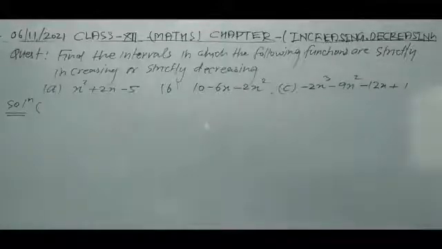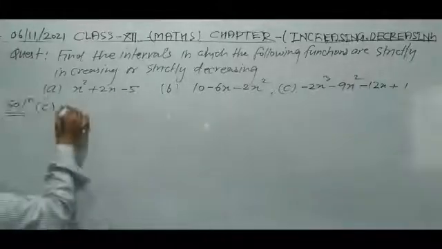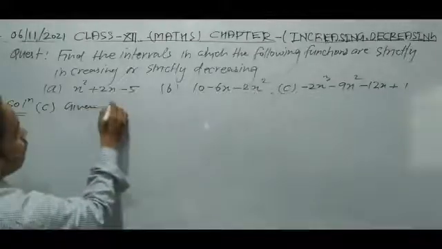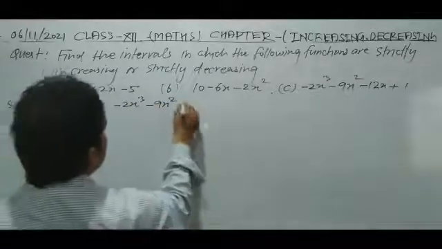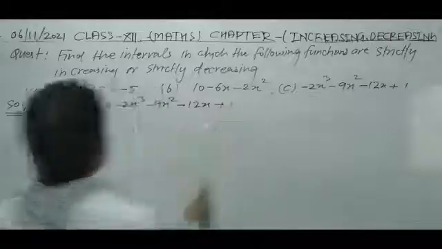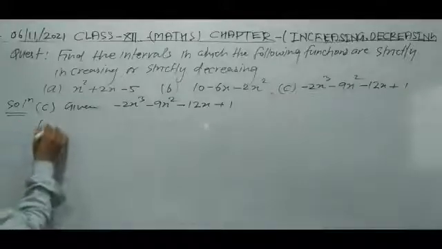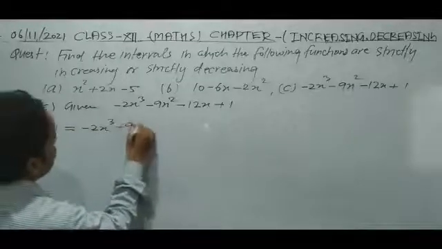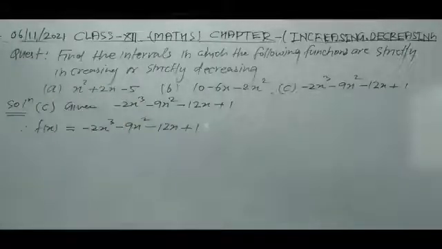Given minus 2x cube minus 9x square minus 12x plus 1. So this is given. Now we'll consider f(x) is equal to minus 2x cube minus 9x square minus 12x plus 1.